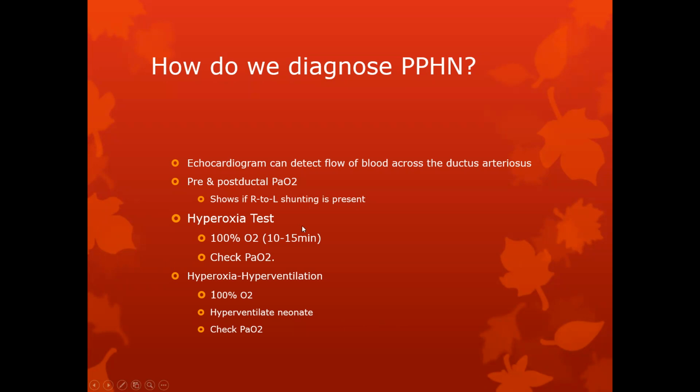Hyperoxia test is putting the baby on 100% oxygen and still their O2 sats don't increase. And that's because the shunted blood is blood that never went to the lungs. So giving them 100% is not going to improve anything. So hyperoxia test.